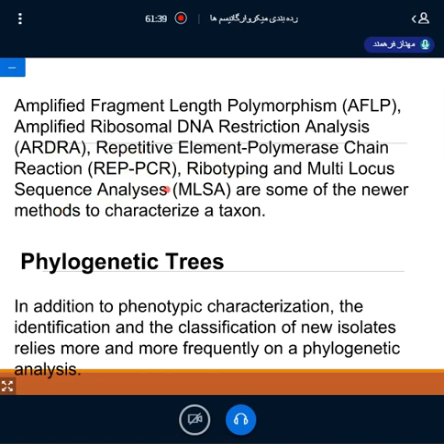Ribotyping and multi-locus sequence analysis, or MLSA, are some of the newer methods to characterize a taxon. So when we want to characterize a taxon, we can use these genotyping methods to distinguish the genus.